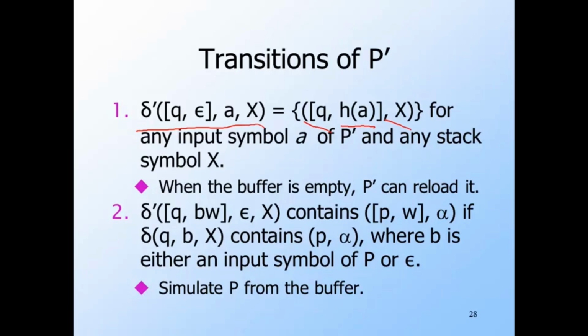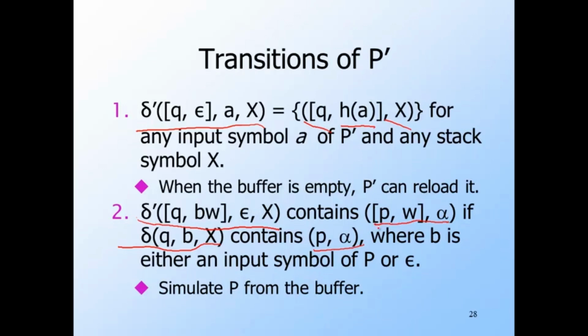Formally, suppose that delta of Q, B, and X contains P alpha. Here B may be epsilon or it may be an input symbol of P. And then for any buffer string of the form BW that is a suffix of H of A for some A, delta prime of Q in the buffer BW with no input, this epsilon input, and X on the top of the stack will contain PW alpha.